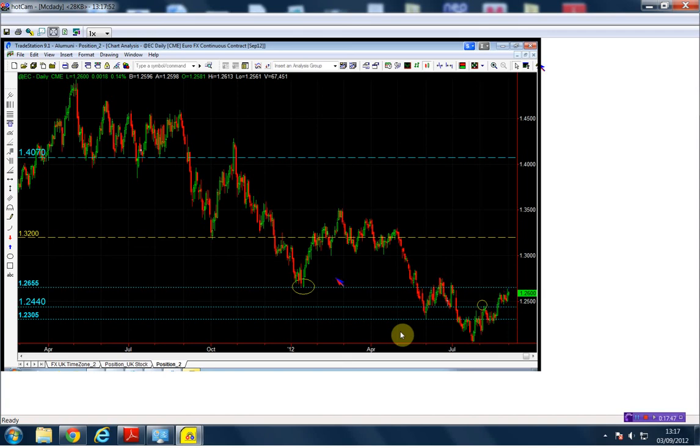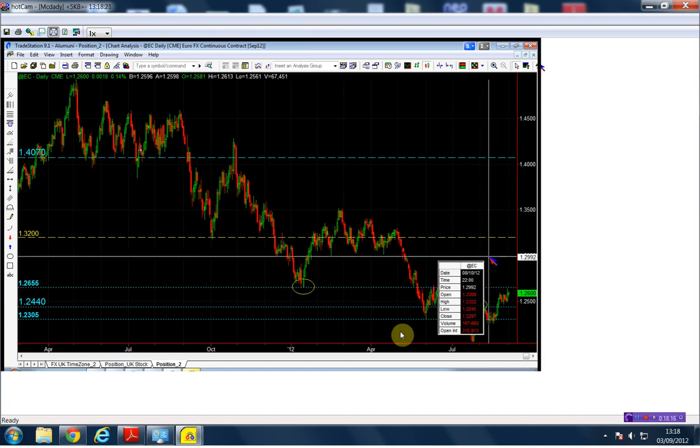The key now for the euro index is a trade above the 126.55. If we do come and trade above the 126.55, you're looking at a pretty strong move to the upside, and that would be a very strong short covering rally, which probably would take us to the vicinity of the 129 or so.